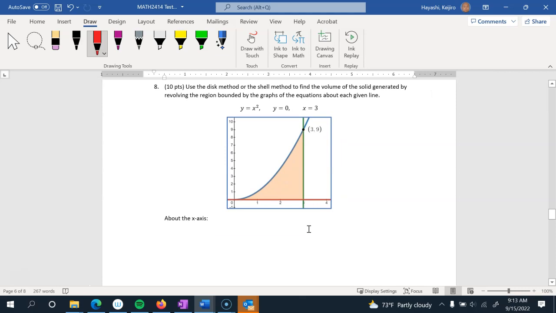Okay, and this is the last of these volumes. Here you have the region bounded by y equals x squared, which is right here. It's this parabola. Y equals 0, it's here in red.